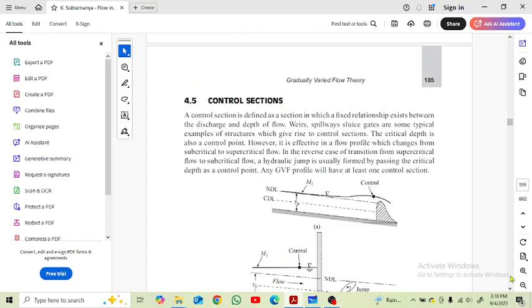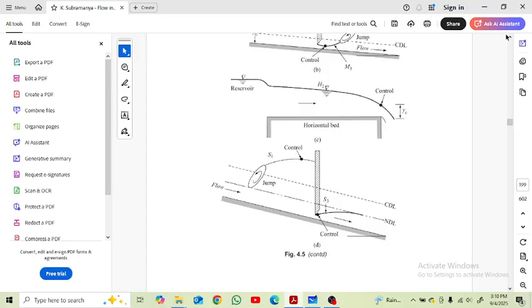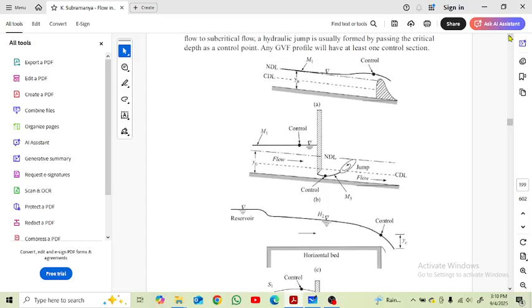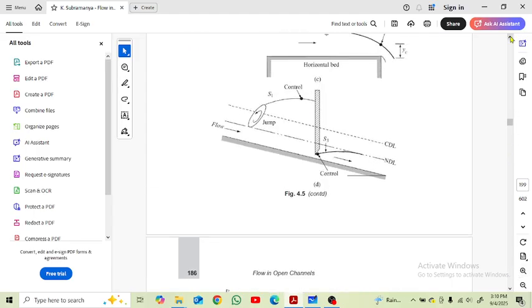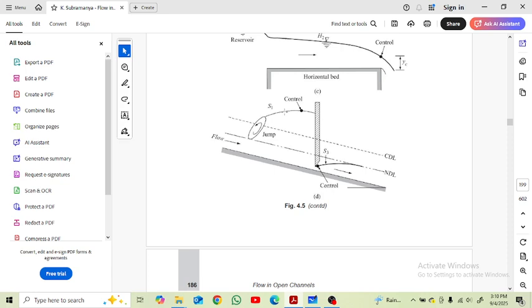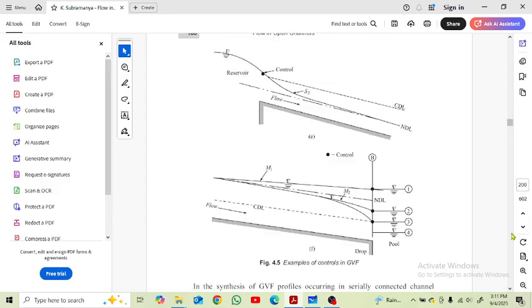So these are the profiles here. This is a profile where the jump is occurring here, on the horizontal bed. There is an S2 profile, and there is an S1 profile here, and there is an S3 profile over here, just before the control section. That means just before the sluice gate and just after the sluice gate.